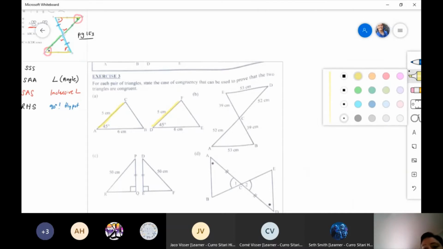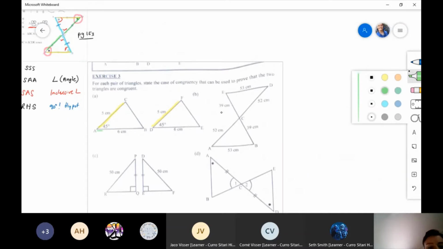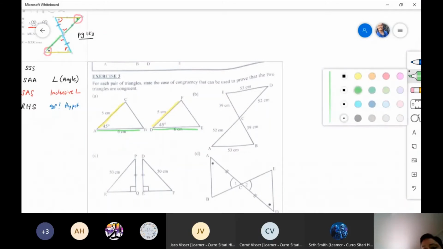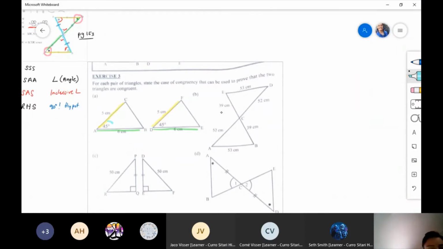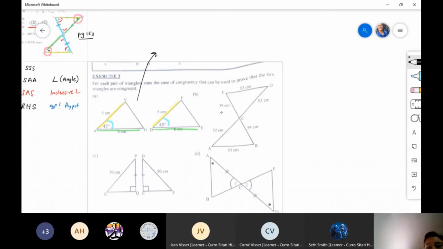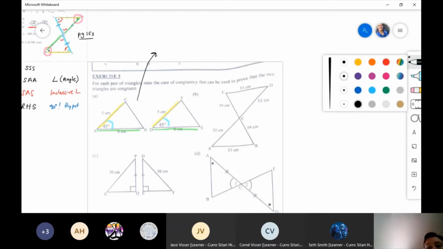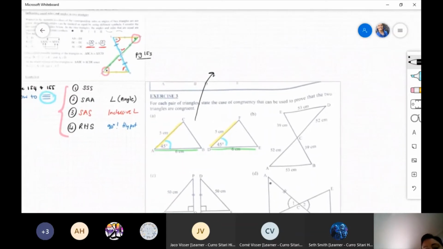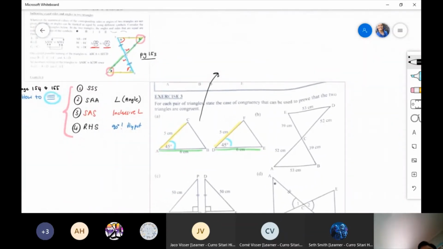Then let's color code that green. Right, and then let's find something else that we have in common. I see an angle. Okay, so for this question, exercise 3, number A, it looks very simple because we have in fact 2 sides that are given and we have an angle.